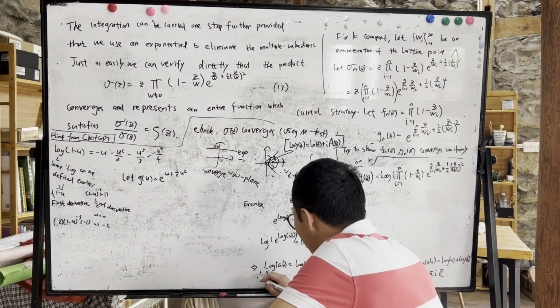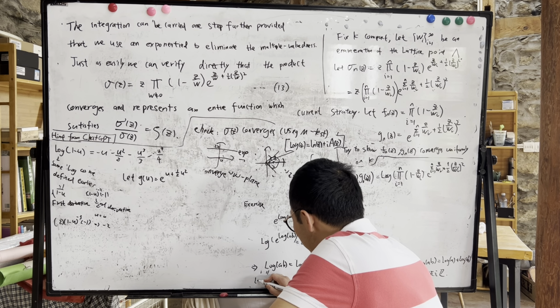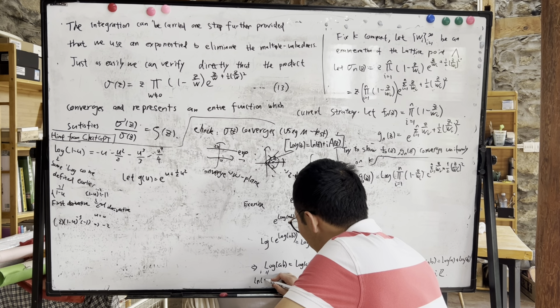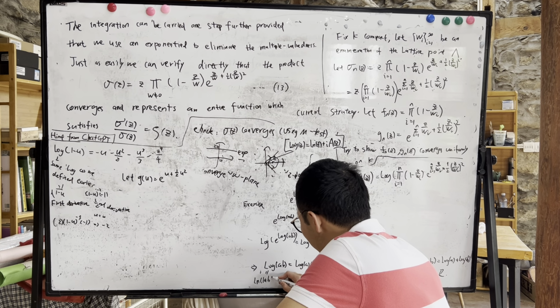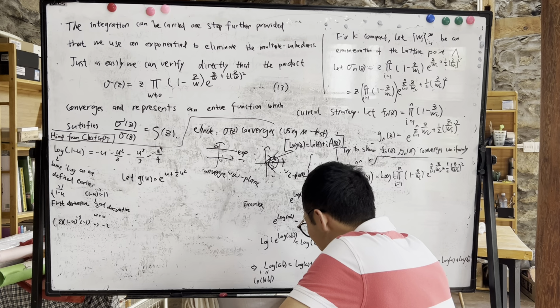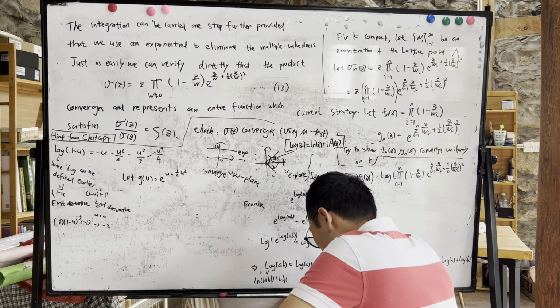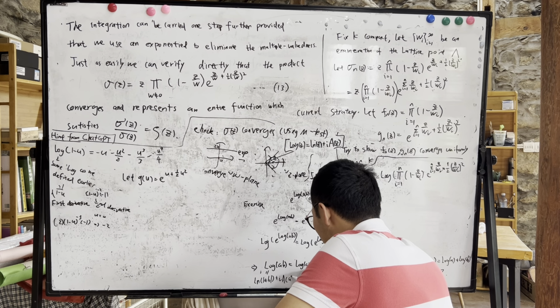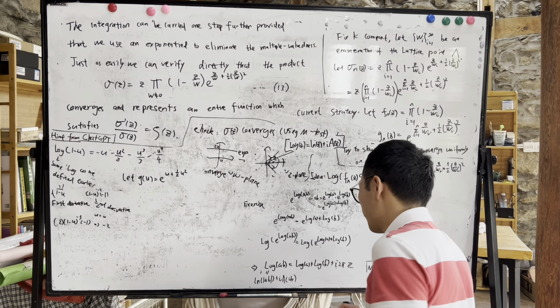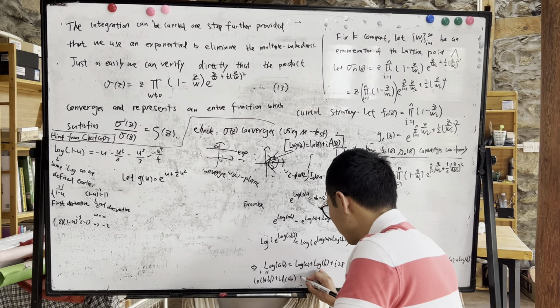So this is by definition the real log of the modulus of AB, and then plus I times the argument of the product AB, right?